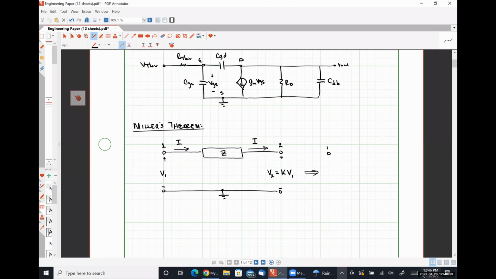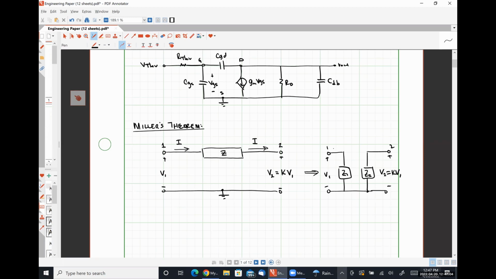So we would have node 1, Z1, here's Z2, and here's ground. Here's node 2. And that same voltage relationship, V1 exists, and V2 is equal to KV1.